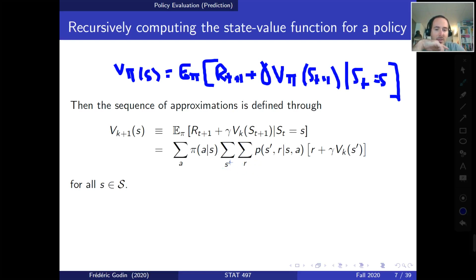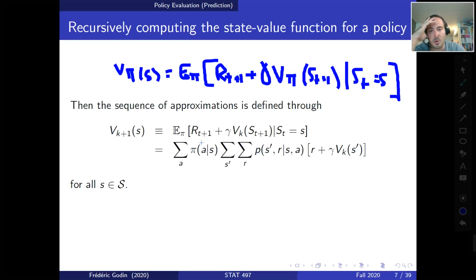So you have to consider all possible successor states and all possible rewards, times the probability of this next state and reward happening given your current state and action. And times this: the next reward r, plus gamma times the value function. But as we said, it's not the true value function, it's our current estimate vk.